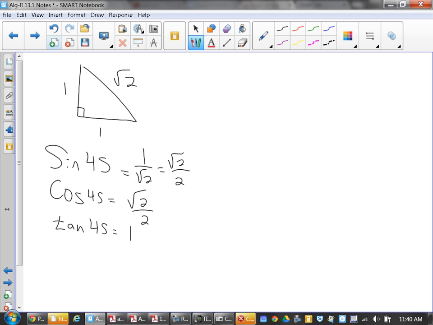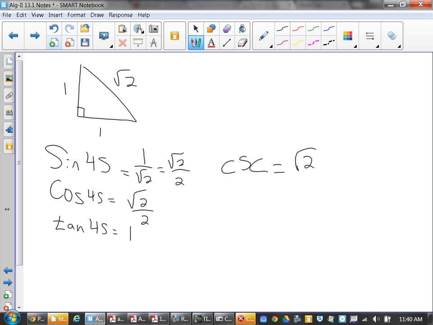Now, when you do your reciprocals, would it be easier to reciprocal the root 2 over 2 or the 1 over root 2? Notice it's quicker and easier to do the reciprocal here. Because that's what it was, opposite over hypotenuse. So hypotenuse over opposite is just root 2.